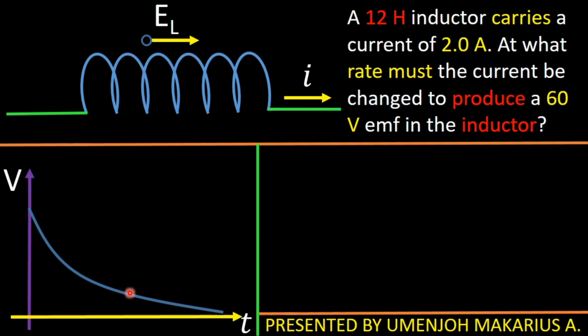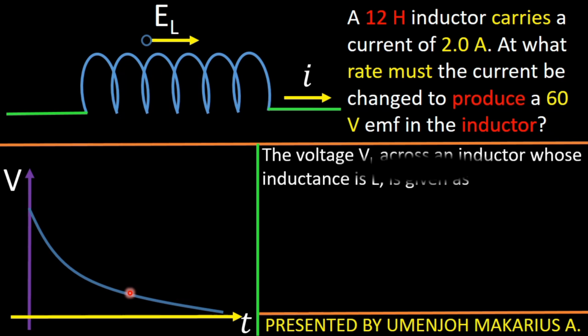So friends, now we should recall that the potential difference across an inductor whose inductance is L is simply given as V_L equal to negative L times di by dt, where V_L is the voltage across the inductor, L is the inductance of the inductor, and di by dt is simply the rate at which the current that flows through the inductor will be changing.